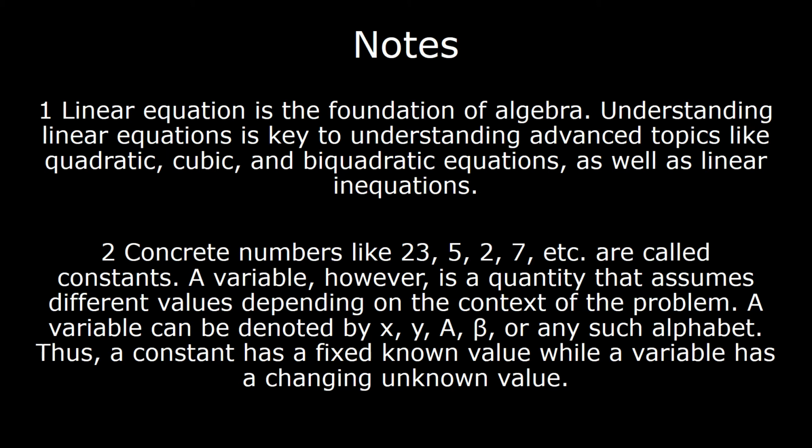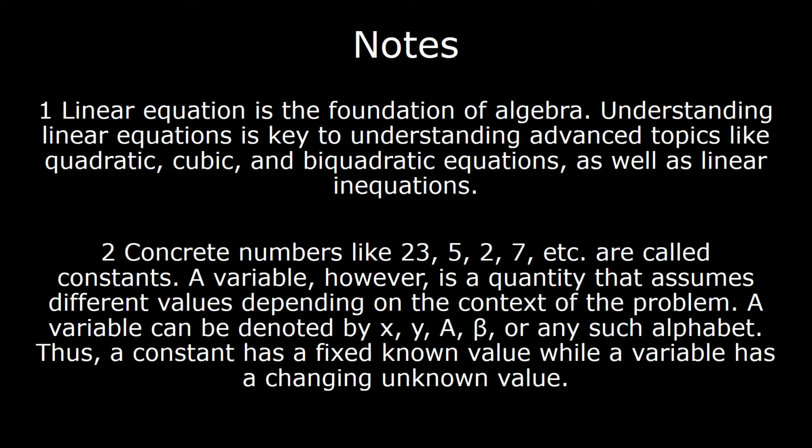But there is something called a variable. A variable is a quantity which can take on different values depending on the context of the problem. So it varies, it changes based on which question, which equation you are talking about.